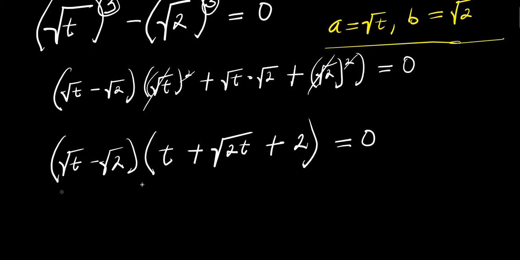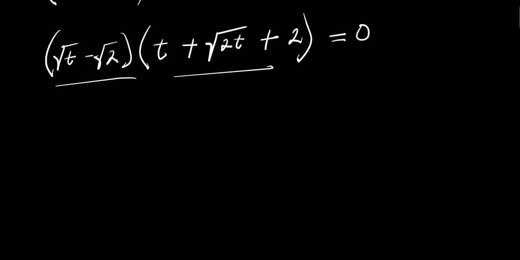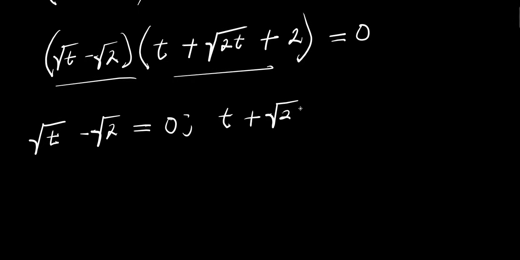So let's go ahead and equate each of these to 0. We have square root of t minus square root of 2 equals 0. We have t plus square root of 2t plus 2 equals 0.